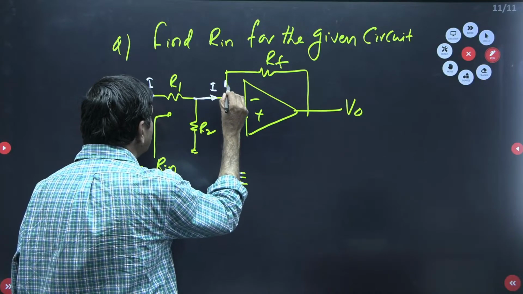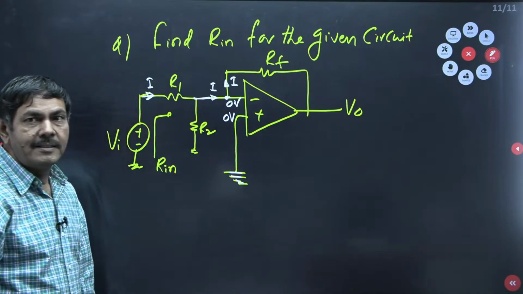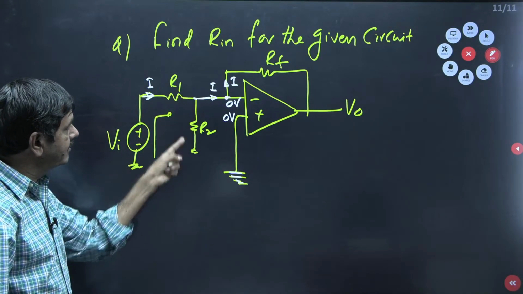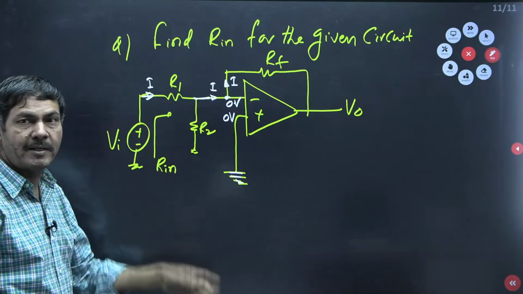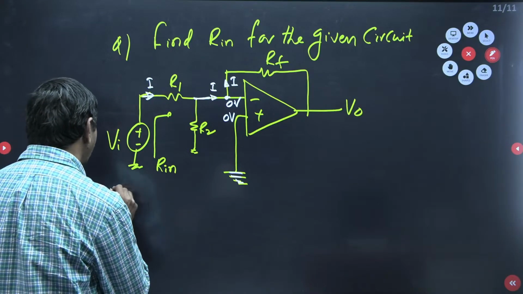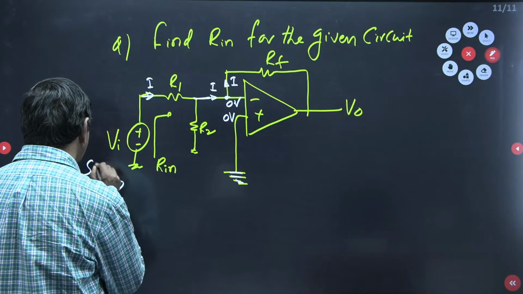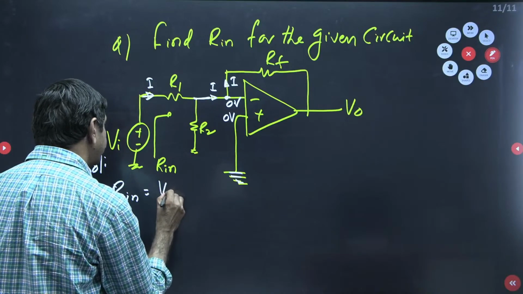It doesn't have a path in this direction because of the same 0 voltage, no drop across R2, no current is going to flow. And I want to find Rin, which is Vi by I.